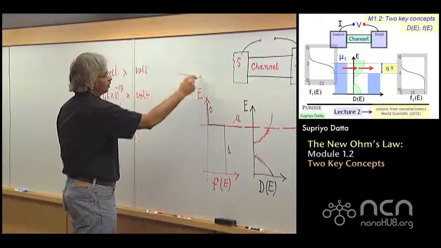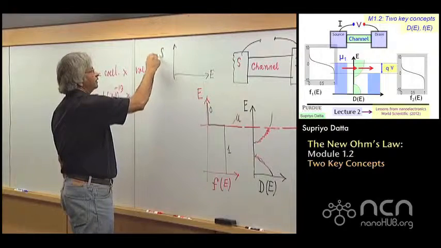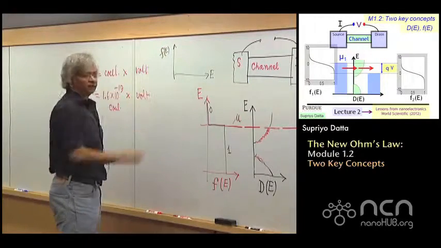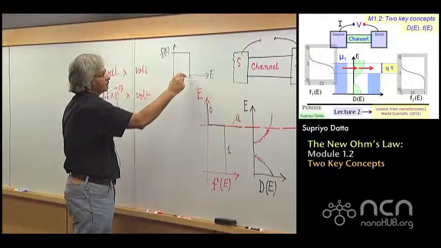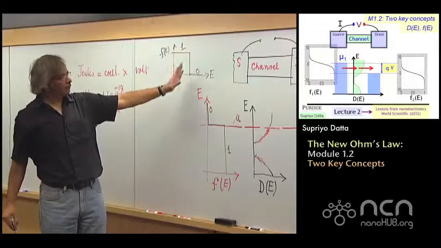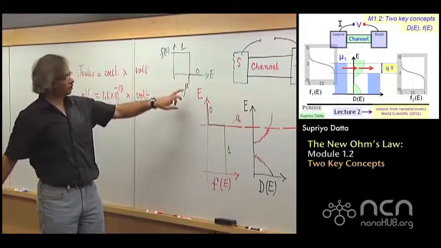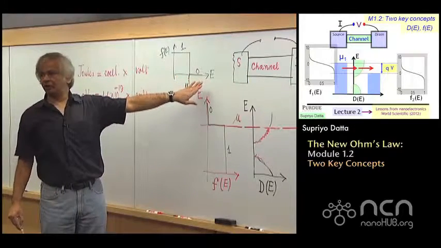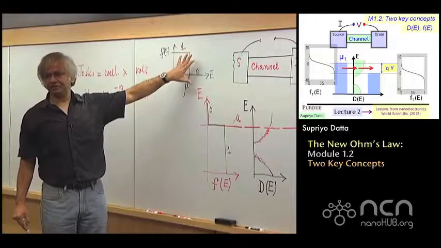So you tend to draw E in this direction, and f of E, the Fermi function, in the vertical direction. And so, the function might look something like this. It is 1 up to some energy, which you call the electrochemical potential or the Fermi level, and 0 after that. So, this is the form in which you may have seen the function.